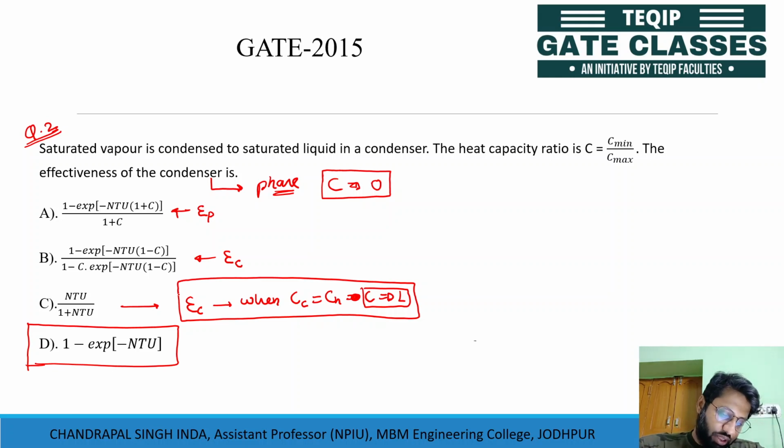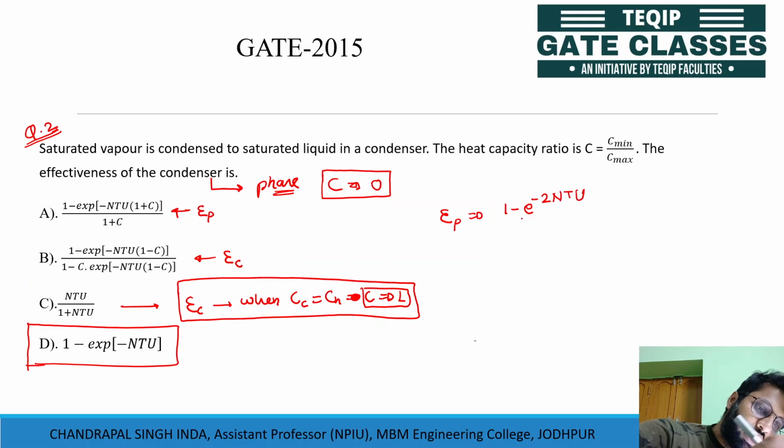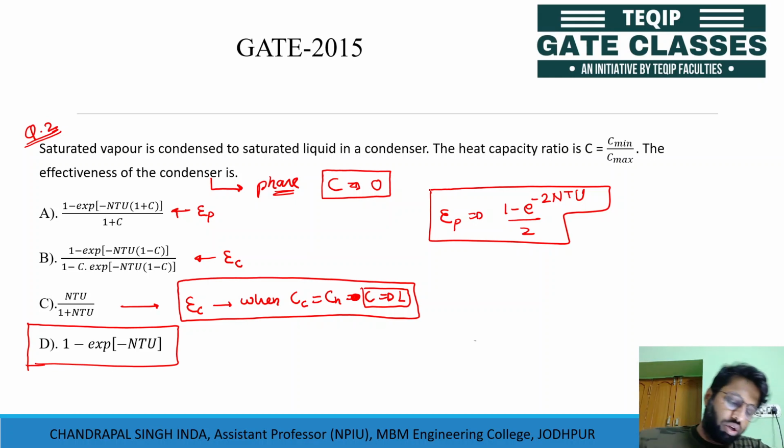One more expression is the effectiveness of the parallel flow heat exchanger, 1 minus e to the power minus 2 NTU divided by 2. So we have a total of 5 expressions to find the effectiveness of the heat exchanger.